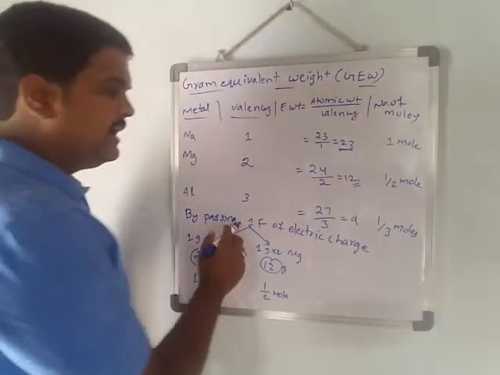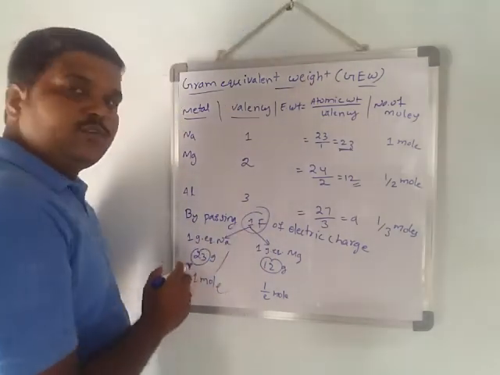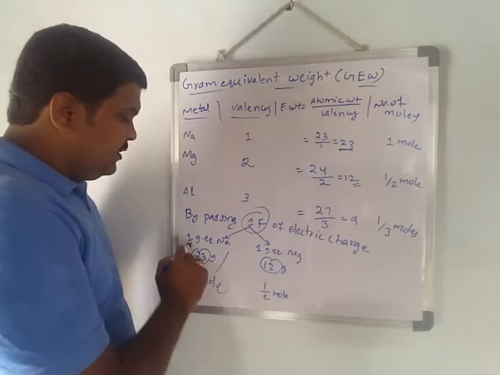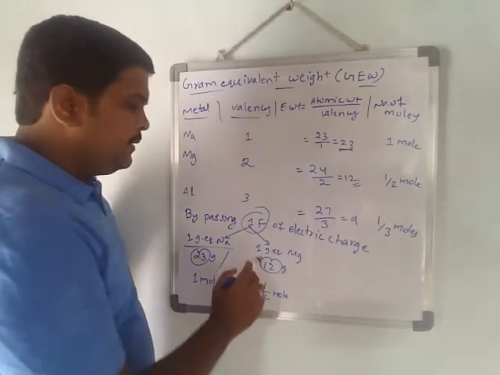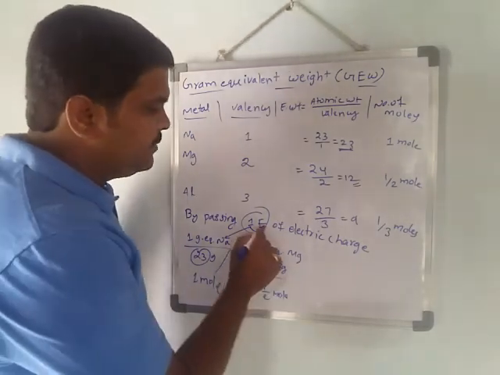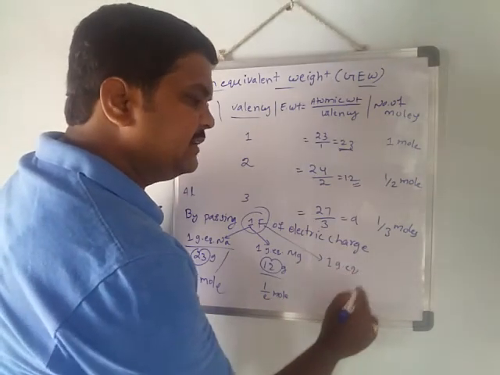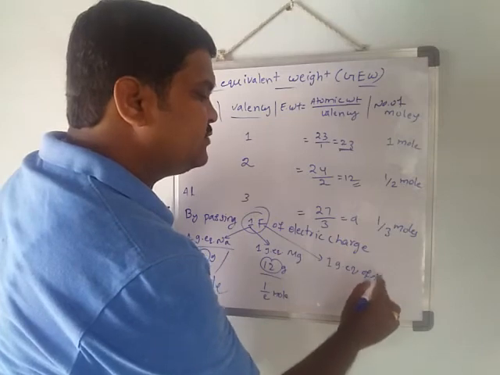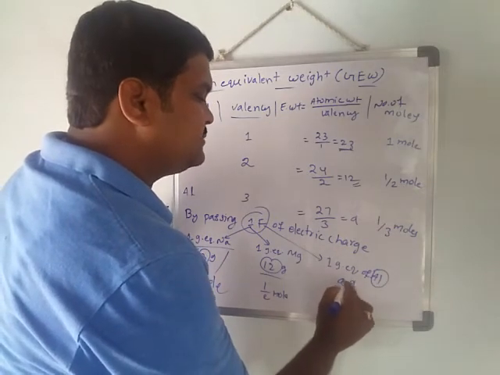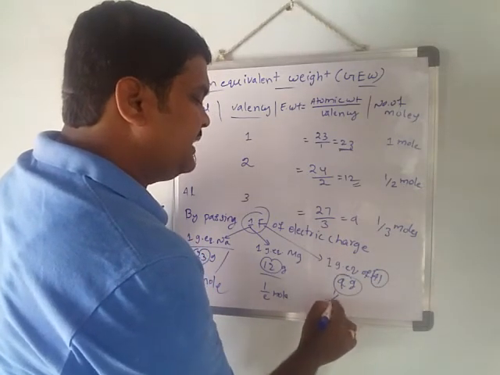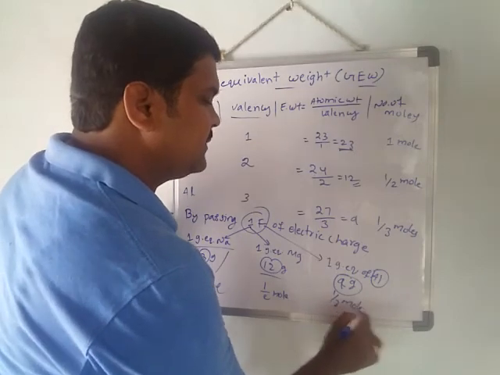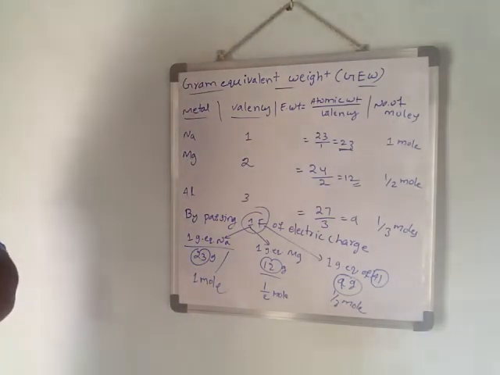By passing 1 Faraday of electric charge, we are getting 23 grams of sodium, 12 grams of magnesium, and 1 gram equivalent of aluminium, that is weight 9 grams, 1 by 3 mole. I think you can understand clearly what I am explaining.